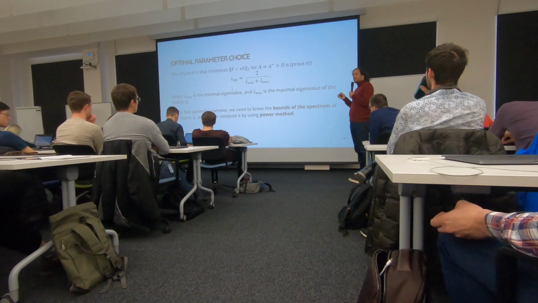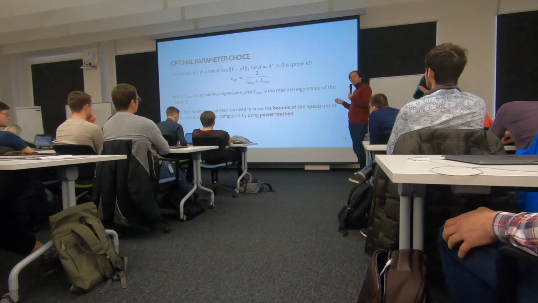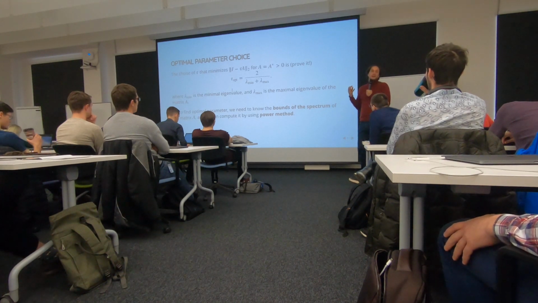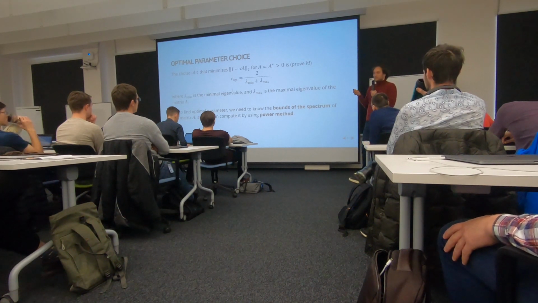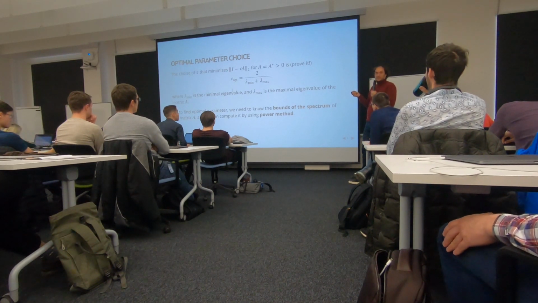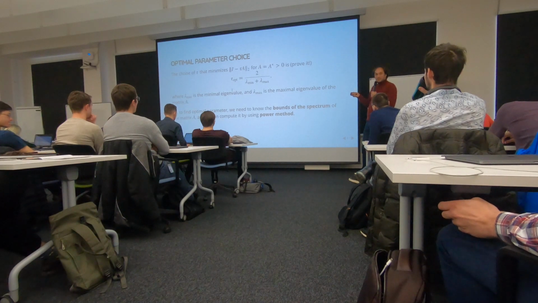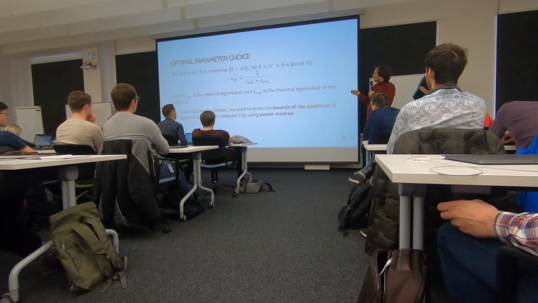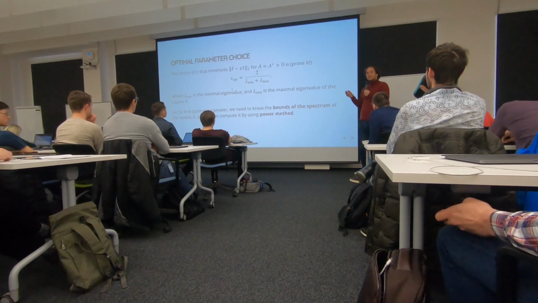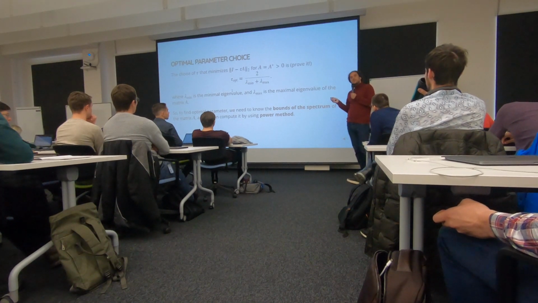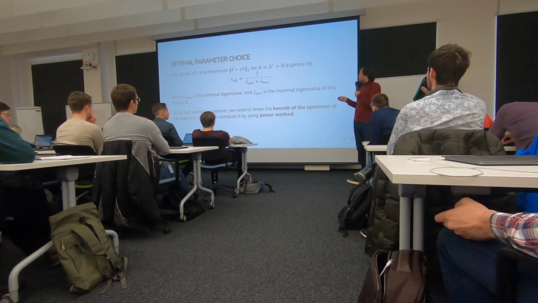This is a more or less simple exercise. What you have to do is diagonalize theoretically the matrix A using a unitary similarity transformation, and then it would be a problem on the spectrum, and the second norm would be just the maximal infinity norm on the spectrum, and this is the solution.